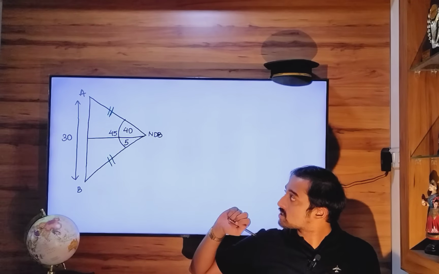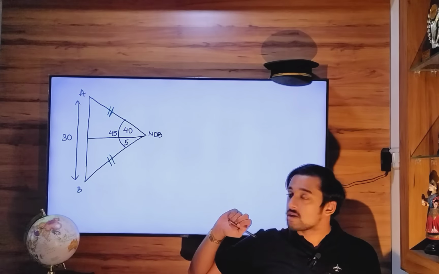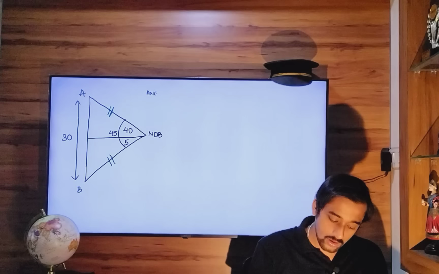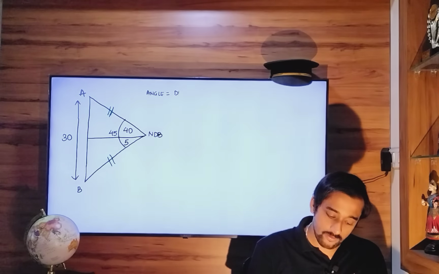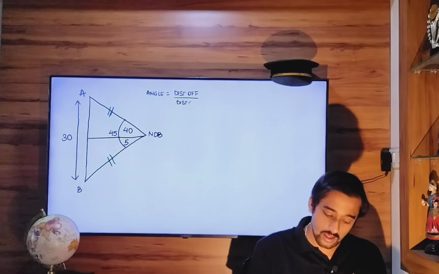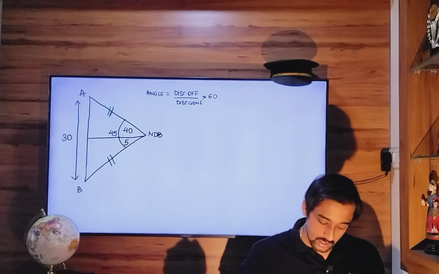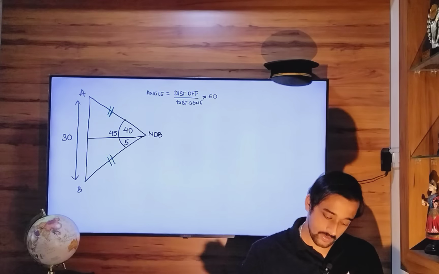We will use the 1 in 60 rule formula, wherein angle equals distance of track upon distance gone into 60.